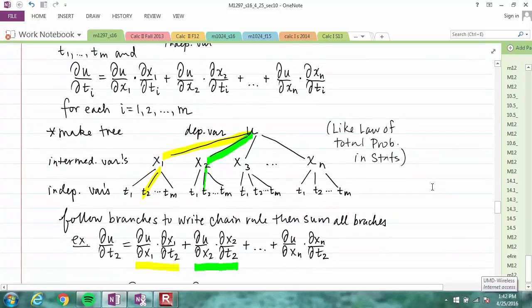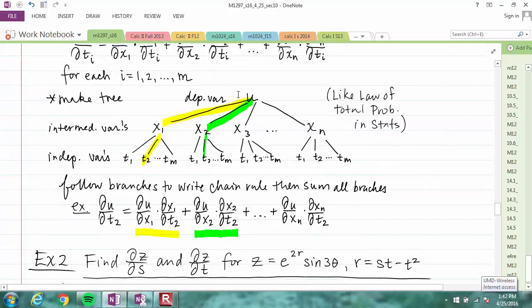So here's where making the tree, I think, is just a better way instead of memorizing that. It's a little overwhelming. So the idea here is make a tree of your overall dependent variable. In this case, it was defined as u. And then it depends on x sub 1 and x sub 2, up to x sub n, and then those x's depend on t sub 1, t sub 2, up to t sub m.